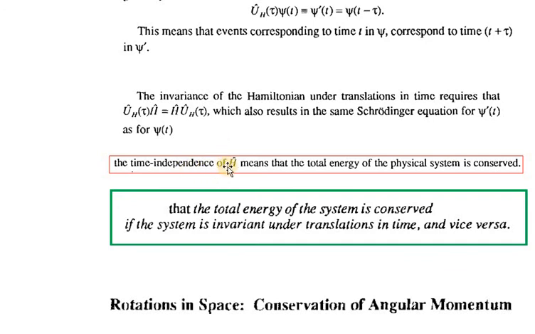The time independence of H means that the total energy of the physical system is conserved. That means the total energy of the system is conserved if the system is invariant under translation in time and vice versa.